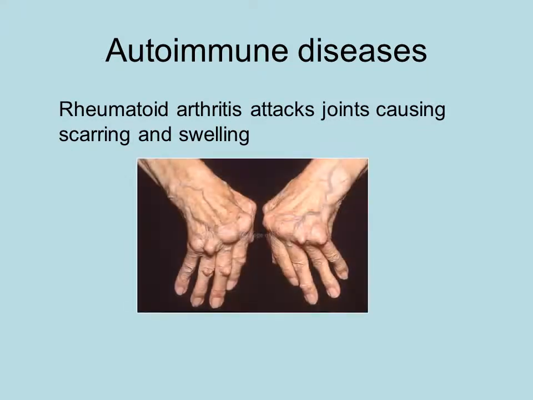And as we can see, this person here is probably an elderly lady who's had a large number of incidents where she's had inflammation of her knuckles and of her finger joints, and you can see that this has led to a lot of inflammation and a lot of scarring, and this then leads to deformity of these particular joints.